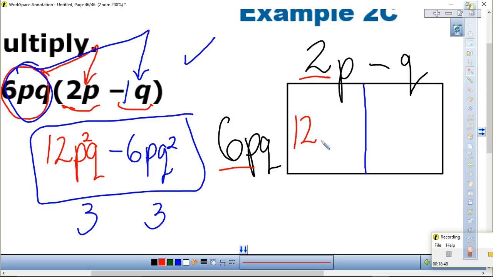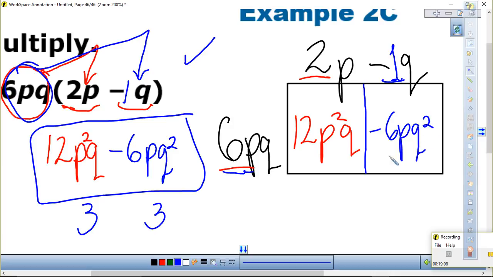P times P, that's P squared, and I write the Q right there. Same thing with this one. I write my coefficient of 1. 6 times negative 1, that's negative 6. P times nothing over here, I just write P. Q times Q, that's Q to the second. And that's how you do the area model on these.